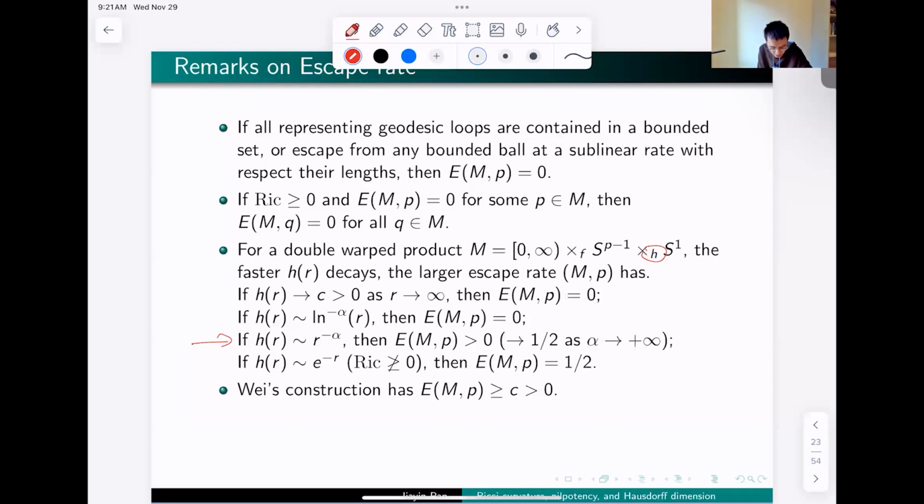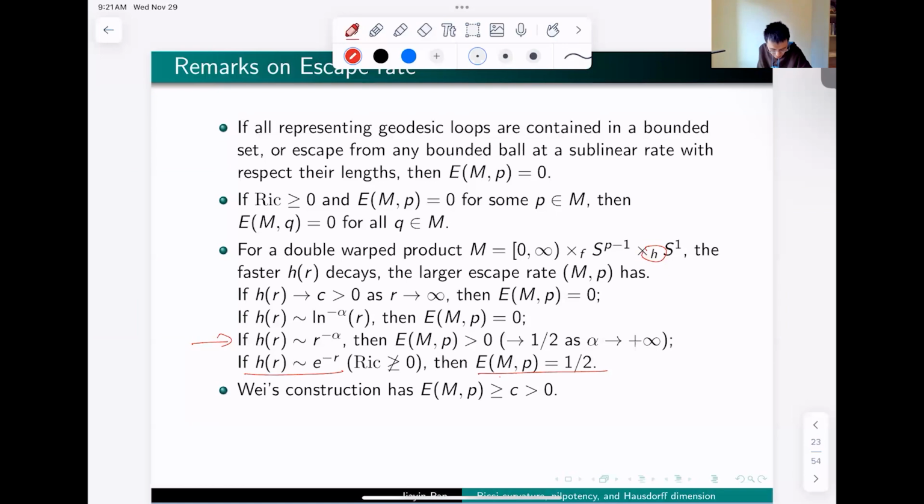And then lastly, if h(r) decays exponentially. Now, however, if you require h(r) to decay like this, you're not going to have non-negative Ricci curvature, all right? So in this case, the escape rate goes big, and it's actually the maximal one half.